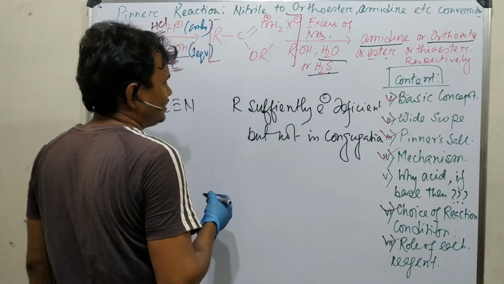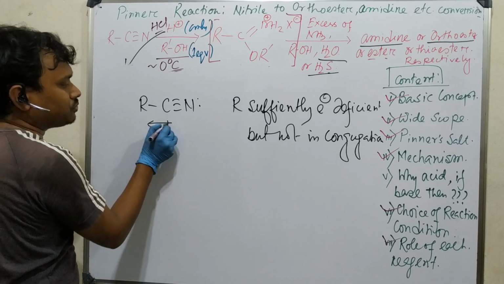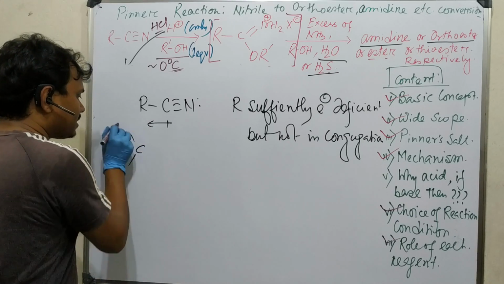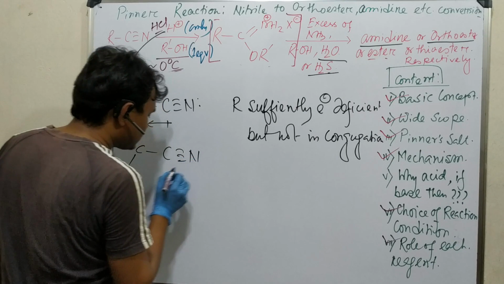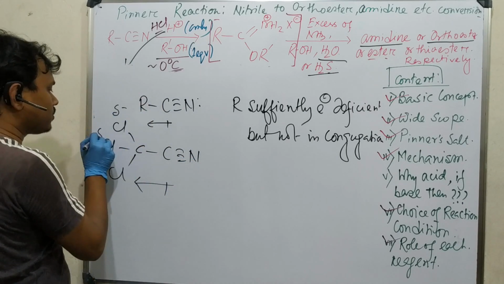What do I mean? If conjugated, the cloud is delocalized; otherwise, withdrawal occurs through sigma bonds. One example is trichloroacetonitrile. See, only sigma withdrawing operates because of these electronegative chlorides.